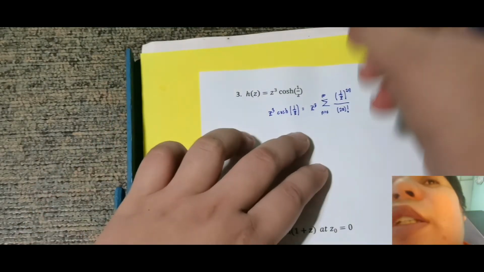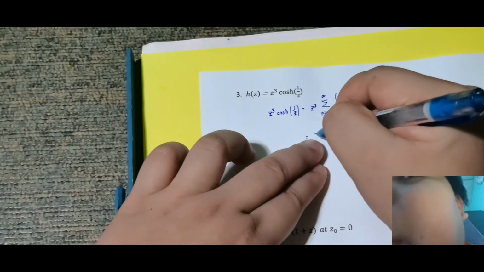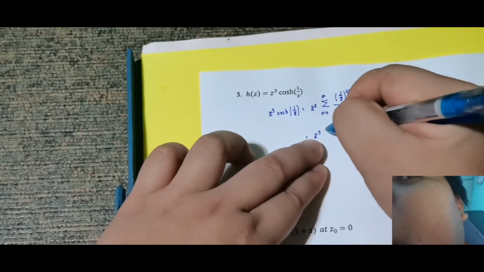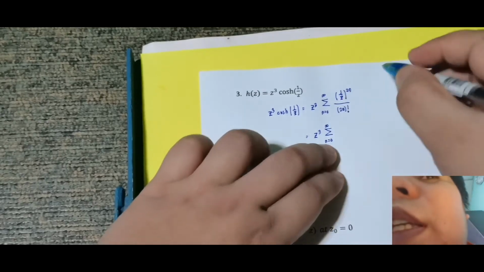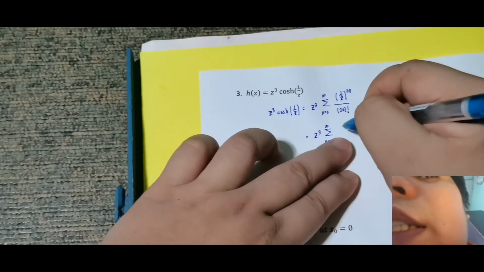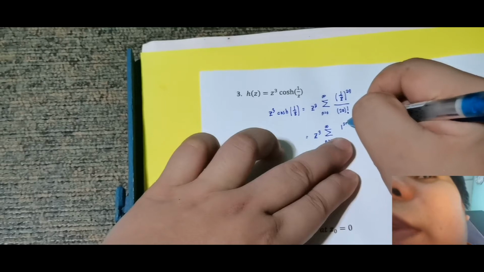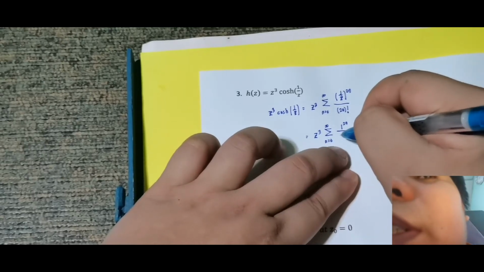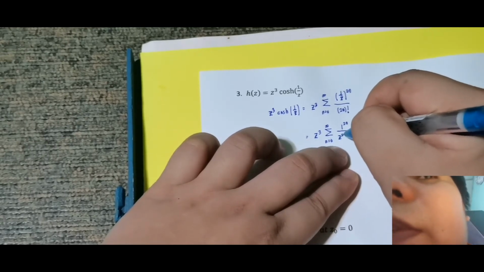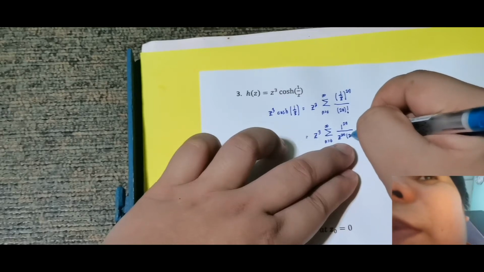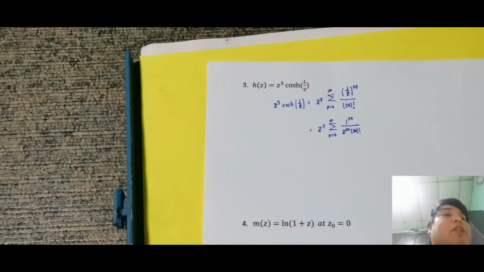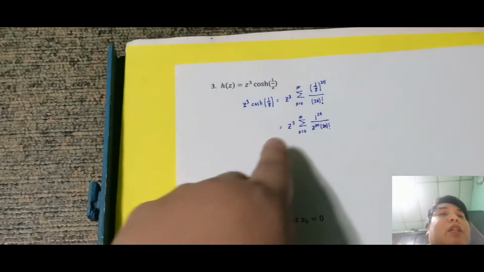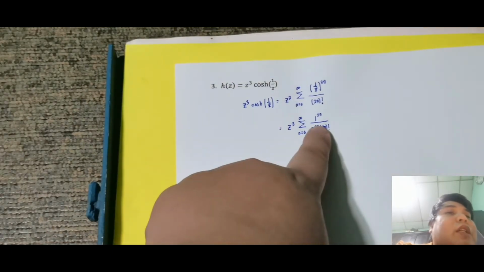So simplify ko muna yung nasa loob ng summation. This is z cube, then summation for n is equal to 0 up to infinity ng 1 raised sa 2n sa taas na yun. So this is 1 raised sa 2n all over z raised sa 2n tapos 2n factorial. Okay, kasi ilalim siya. Ngayon yung 1 raised to 2n is just 1. So meaning multiply ko lang to sa loob yung z sa taas doon.